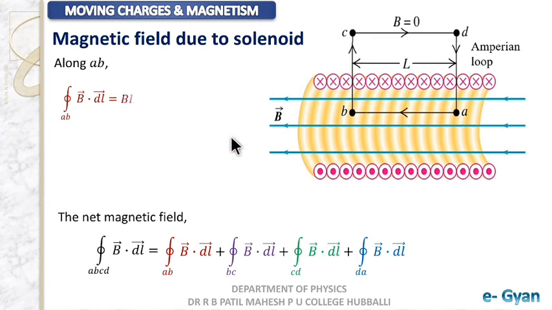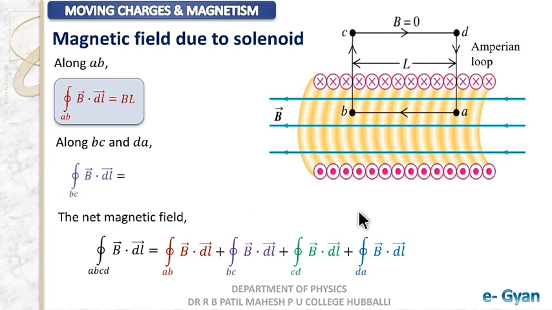After integrating, we get its length, that is L. As we have already told, we are integrating from A to B, and length from A to B will be equal to L. So that's what is substituted here. So we got the value of line integral, that is first integral. Let us try to find out the next integrals. Now let us try to find out the next one, that is along BC and DA.